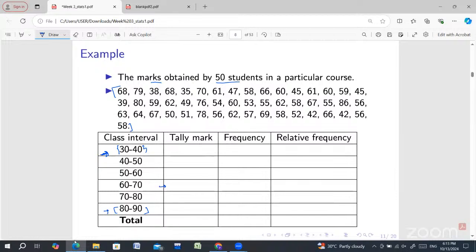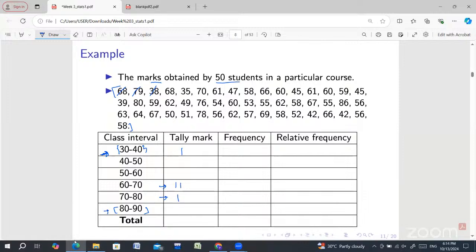Yeah, 60 to 70, right? Then we have another data point 79. So 79 will belong to this class, 70 to 80, right? Then 38. So 38 will belong to the first class, right? And in a similar way, 68 will belong to this class, 60 to 70, right?